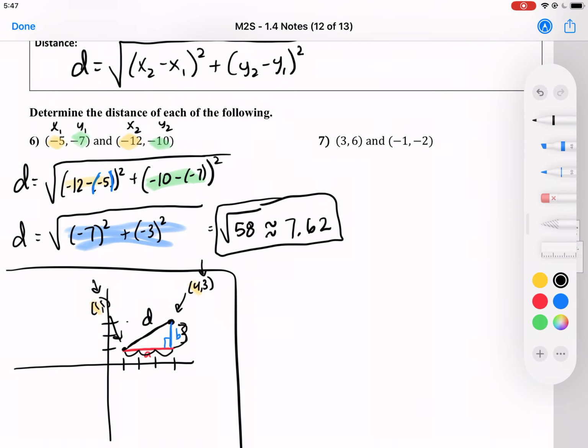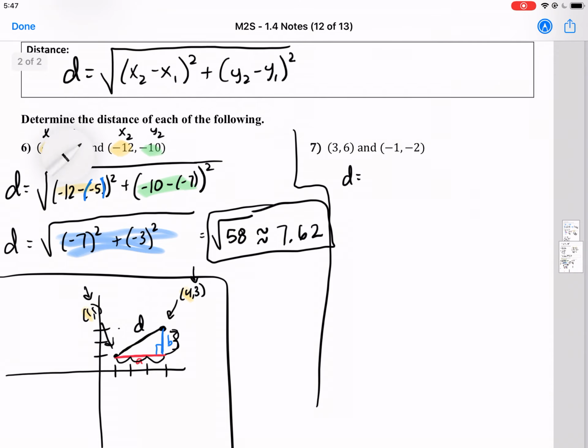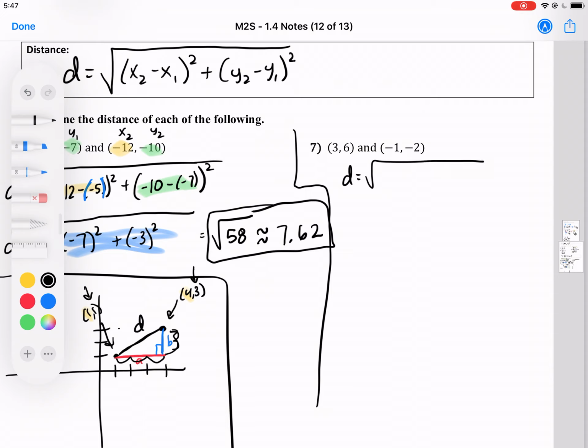I kind of wrote too big, so number 7, let's just do it one more time. My distance is going to equal, move this to the other side, the square root of, let's do our x's first. So I'll do -1 minus 3 squared plus, and then I'll do my y values, -2 minus 6 squared. If I want to do it piece by piece, you could also just put all of this into your calculator. That's everything that's under the square root. I'm going to go piece by piece.